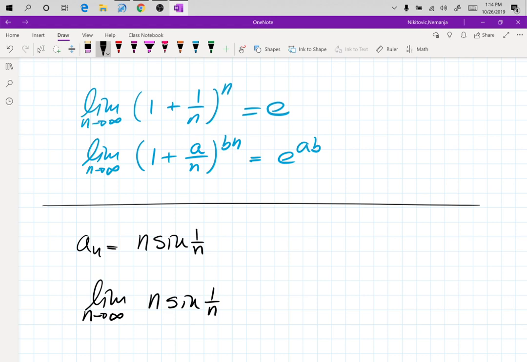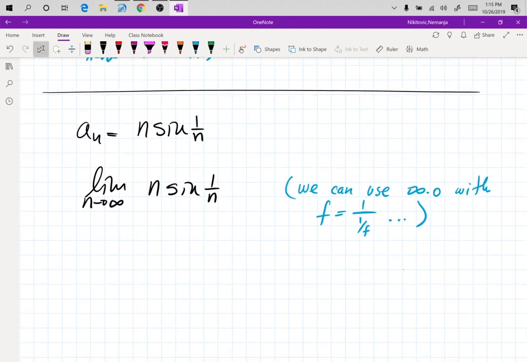So let me actually write it here. In parentheses, we can use infinity times 0 with f equals 1 over f, and so on. So that stands. If you took those steps, you are 100% correct.